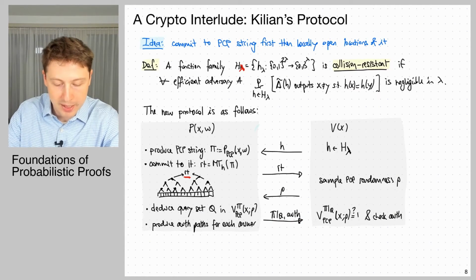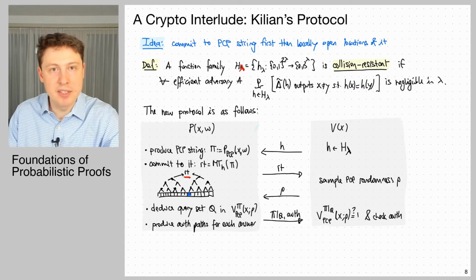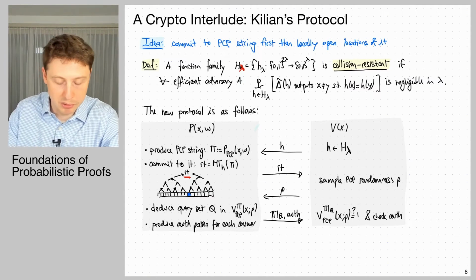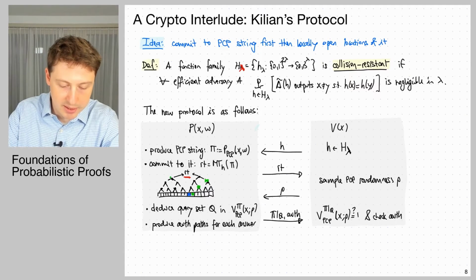Now, intuitively, let's say that the verifier wanted to read this location. The way that a Merkle tree works is that you send the siblings of every node on the path to the root. So it's going to send this one, this one, this one, and this one.